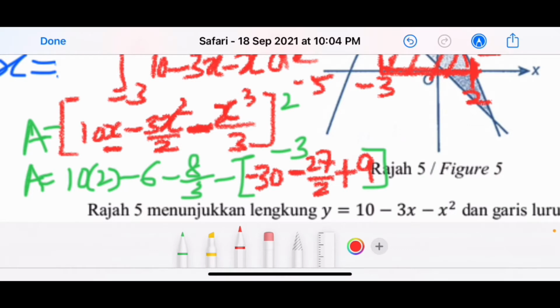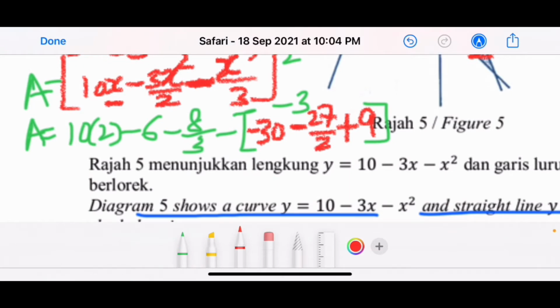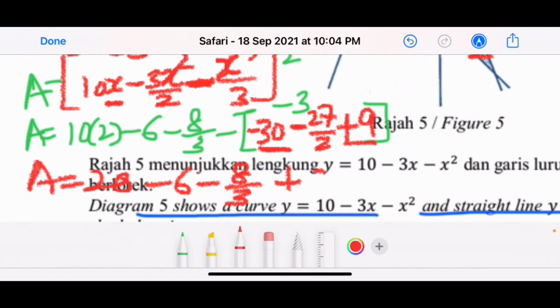Negative 27 over 3 will be negative 9, with a negative here it will be plus 9, so be very careful. So area is equal to 20 minus 6 minus 8 over 3, and then these two negatives, negative 21 plus 21, here plus 27 over 2.